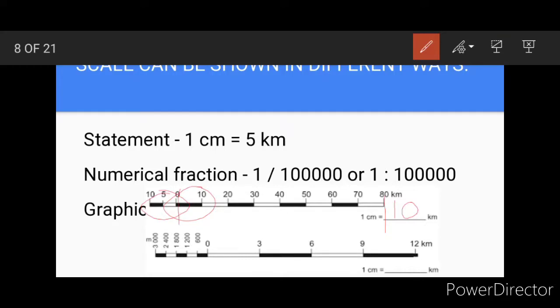And similarly, you can see in the next graph or linear scale, it is 0 to 3. So 1 centimeter is equal to 3 kilometers, and that 3 kilometers they have divided into meters. So 600, 1200, 800.